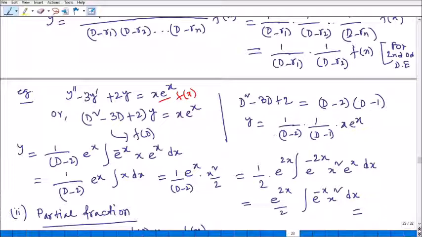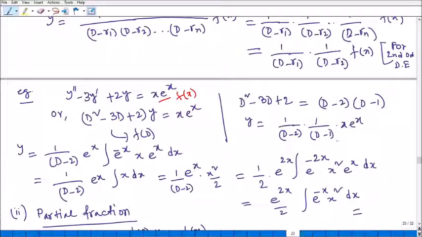Here this function f of x is first operated using the operator 1 by d minus 1, and then operated using the operator 1 by d minus 2. Now if the order of this operation is changed, suppose this function is first operated using 1 by d minus 2 and then 1 by d minus 1, then the result will be different.